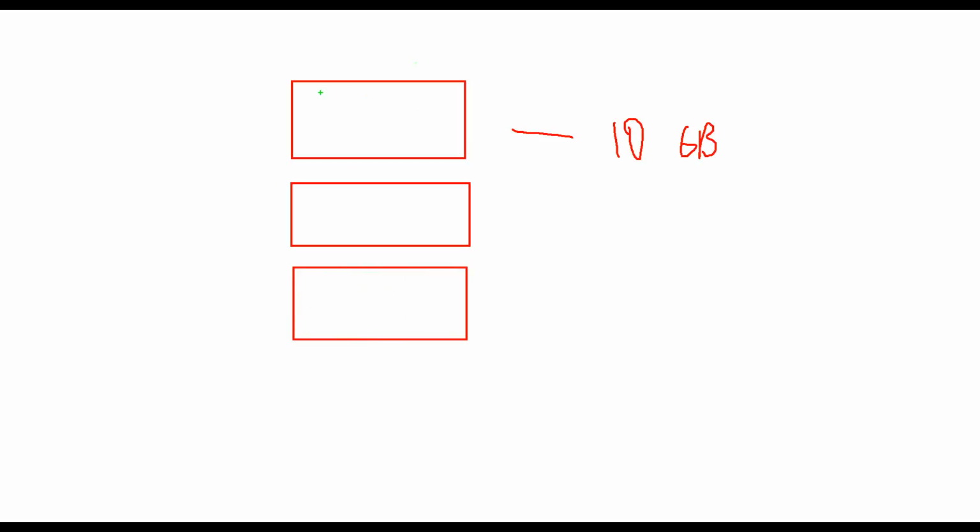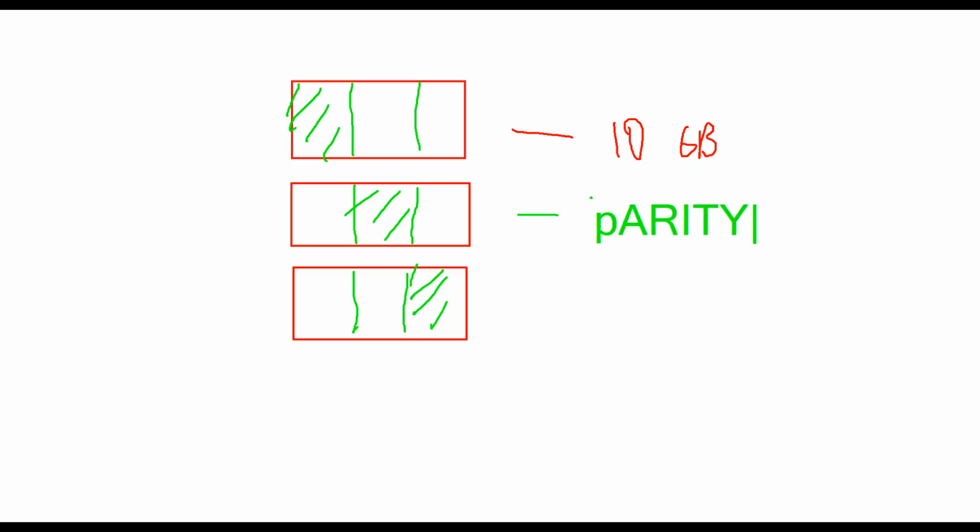Each hard disk has some parity. So basically, some partitions, and this is the parity. Let me draw this for you. Not party, alright, this is the parity.